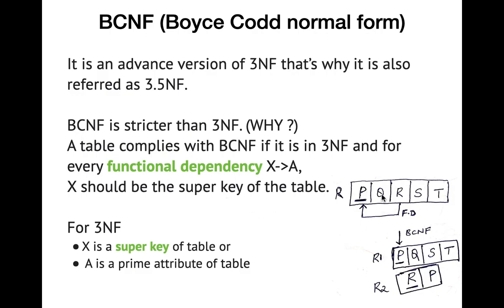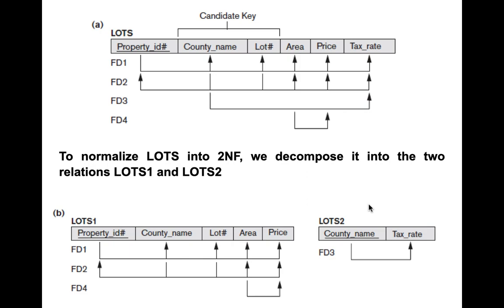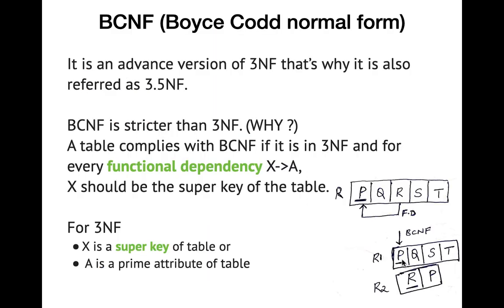If this was the relation, it satisfies 3NF but not BCNF, because R is not the super key. To convert this into BCNF, we can split it into two relations. We remove R gives P as a second relation and make R the primary key in that relation, and keep the other relation, PQST, as a single relation. Now these two tables satisfy BCNF.